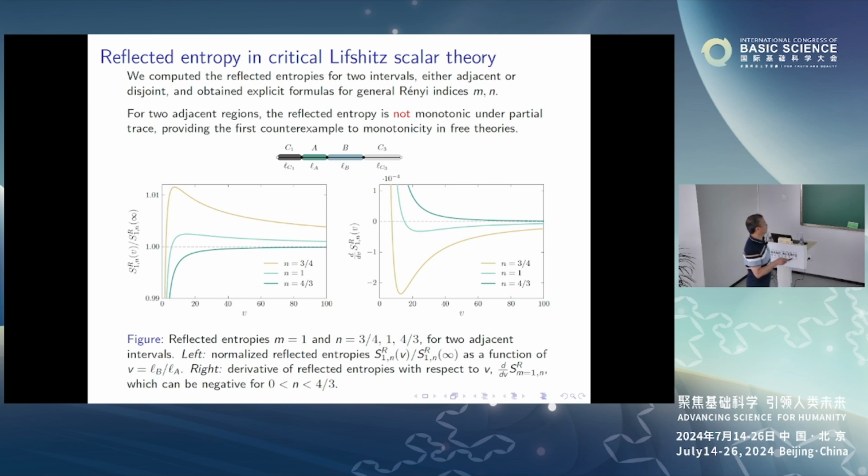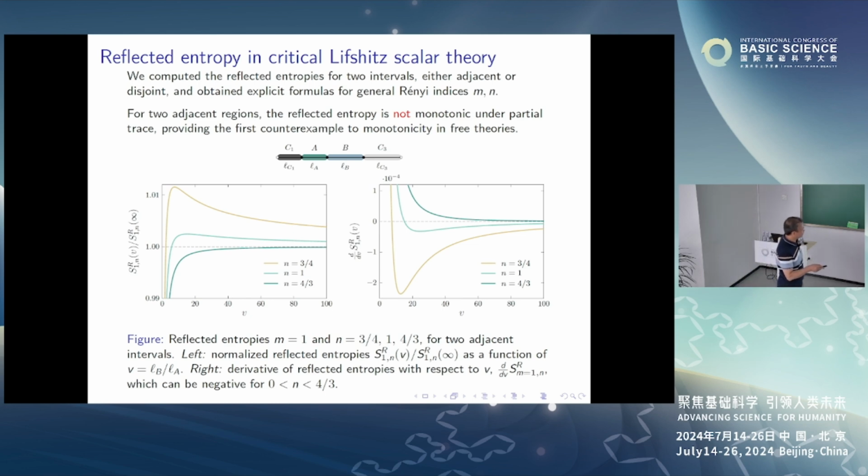So that means if we shrink the length of A or B, then we get some kind of partial trace, and we look at the variation of the quantum quantity.